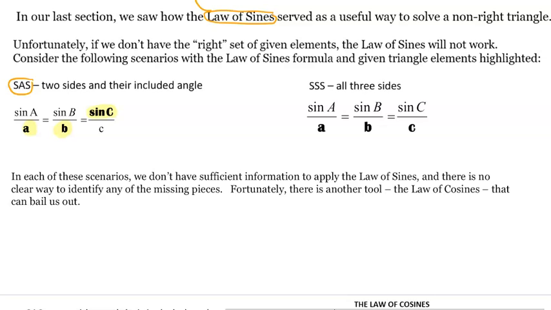Let's say that you're given side, side, side, which is all 3 sides, and you try to use law of sines. You're going to be getting these pieces of your ratios, but not a full proportion because you have no angle. So therefore you're not going to be able to use it.